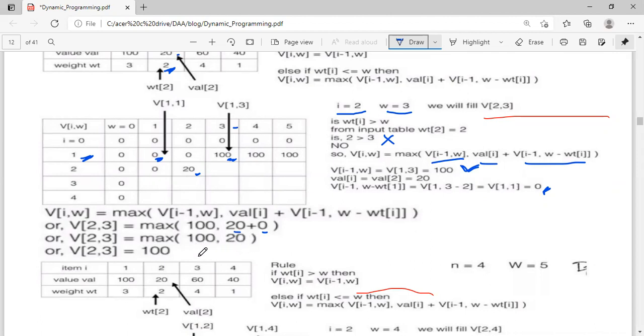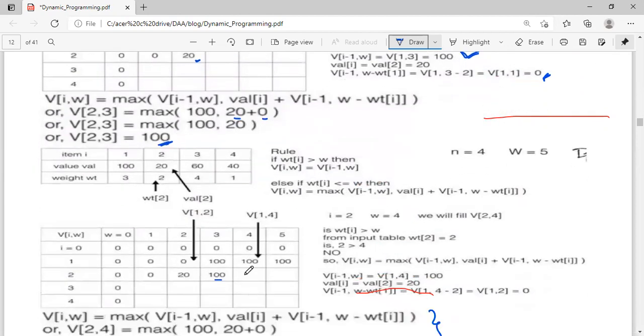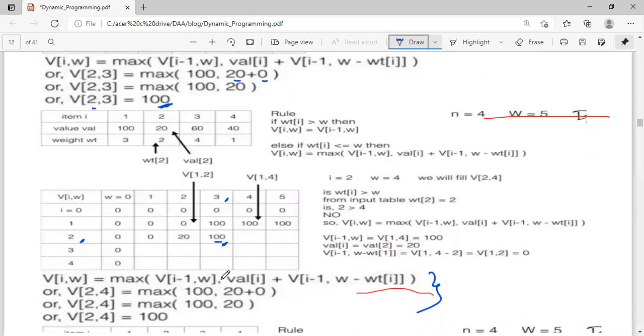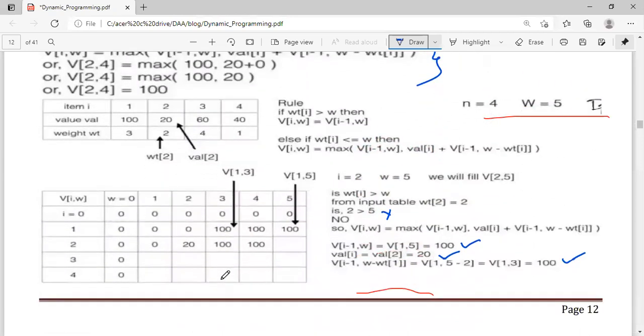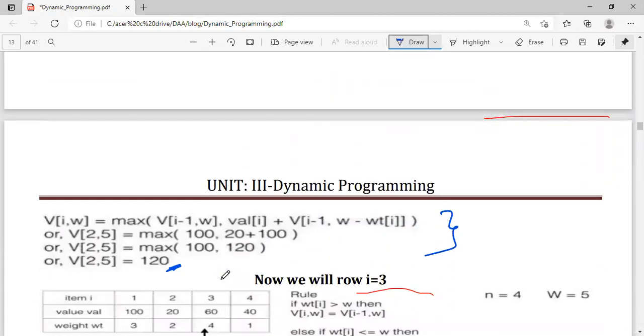From these two, which is the highest number we need to take? The highest number is 100. So we got 100, and in the table we added 100 at 2 comma 3. The same procedure you need to perform till the end.